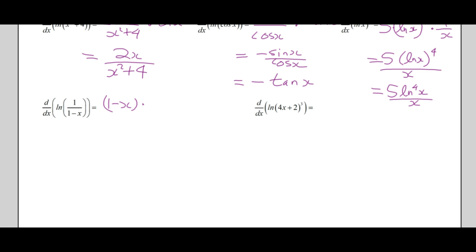So it's 1 minus x times the derivative of the top, which is 0, minus 1 times the derivative of 1 minus x, which is negative 1, all over 1 minus x, quantity squared. Okay, so that's 0. That's plus 1. That's the same as that.